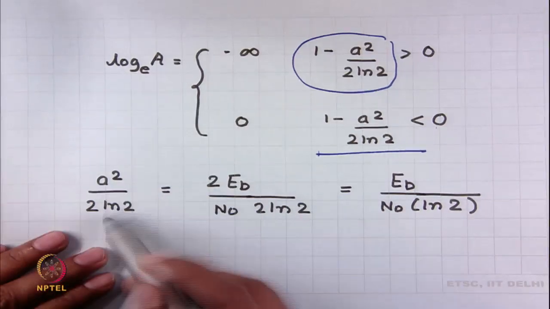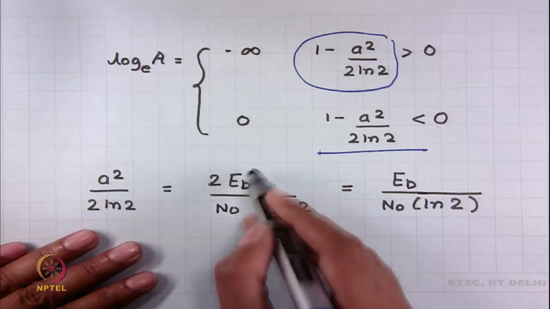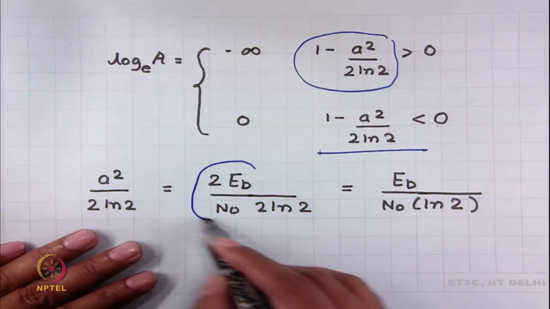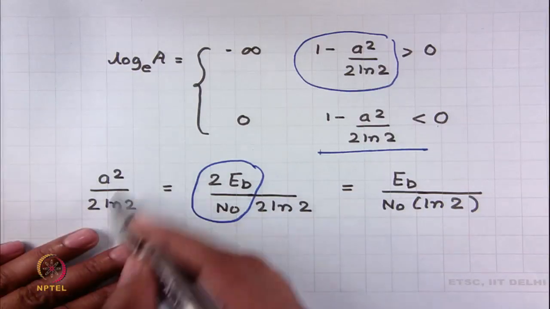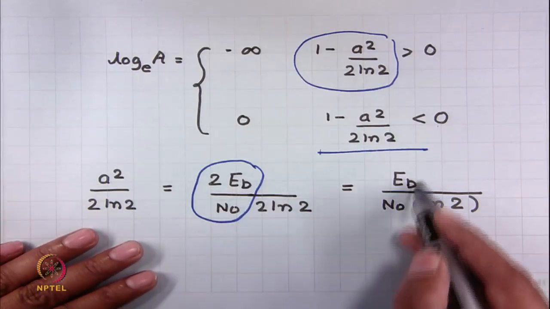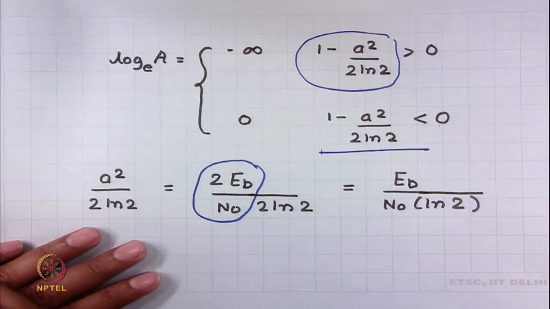What is this a square by 2 ln 2? A square, if you remember, we have defined it to be 2 E b by N naught. So, a square by 2 ln 2 is simply E b by N naught by ln 2.